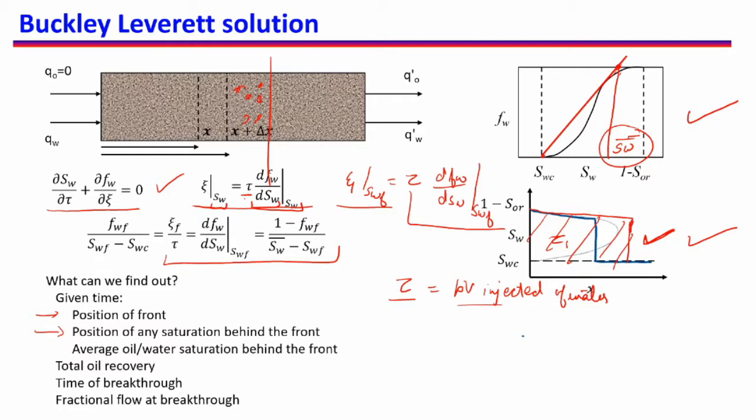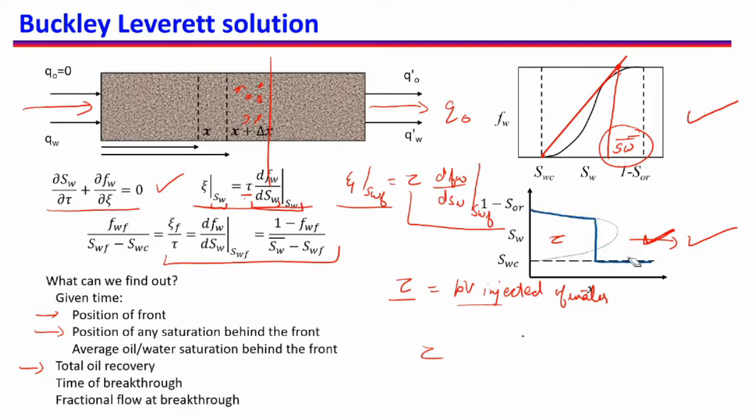So we can also find the total oil recovery in time tau. What is happening when we are injecting water? We are producing only oil till the time this front reaches xi equal to 1, or x equal to L. Why is that?